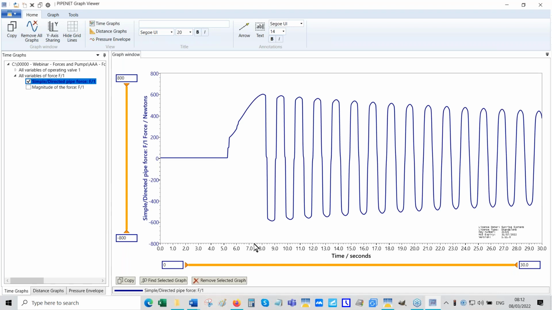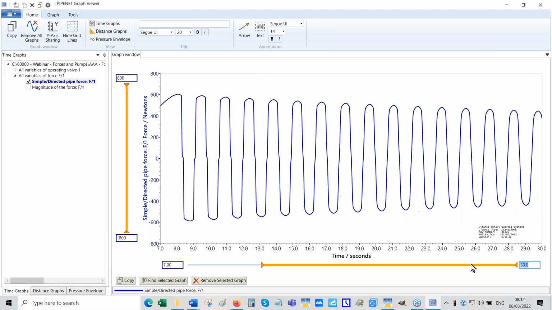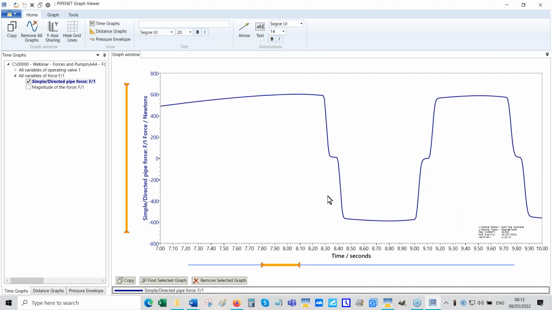Let's consider, let's say, between 7 and 10. So, 7. So you can see the force is now negative. And what does that mean? Why is it negative?